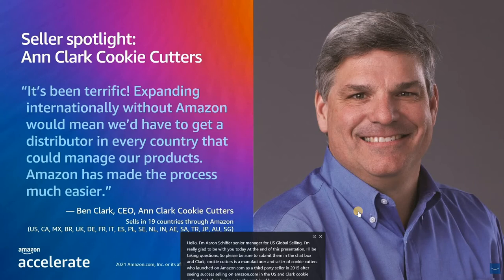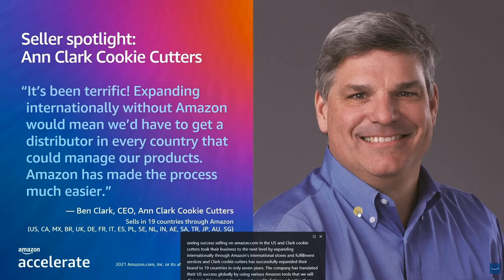Through Amazon's international stores and fulfillment services, Ann Clark Cookie Cutters has successfully expanded their brand to 19 countries in only 7 years. The company has translated their US success globally by using various Amazon tools that we will discuss in this presentation to create quality listings, advertise them, and increase brand awareness.